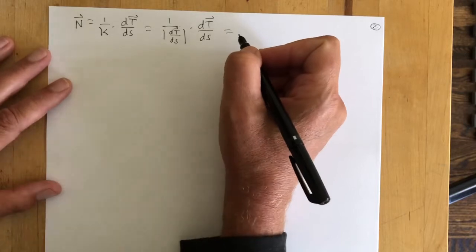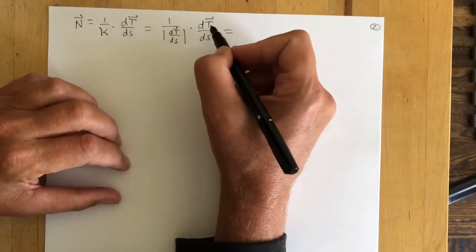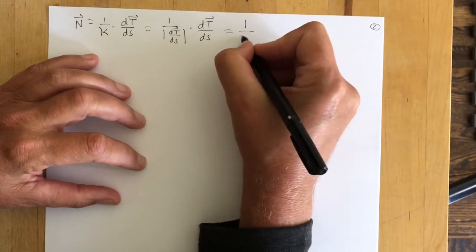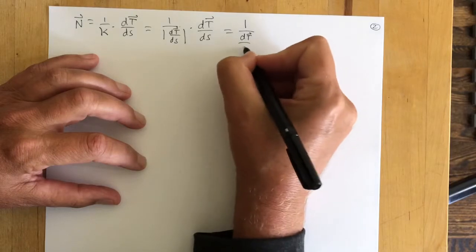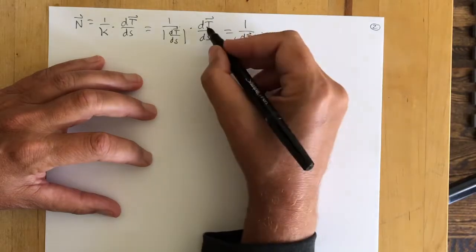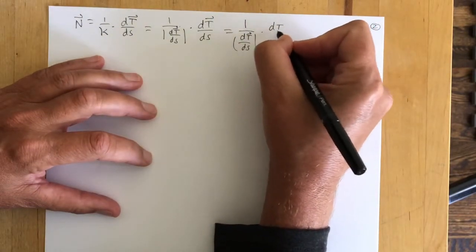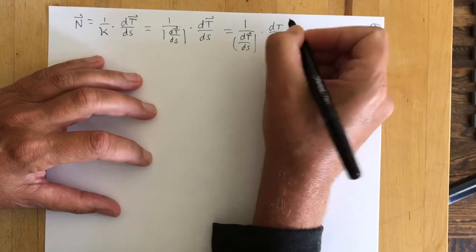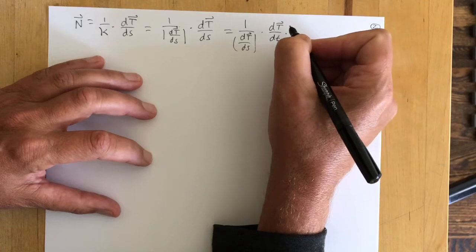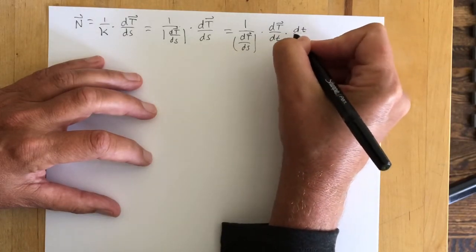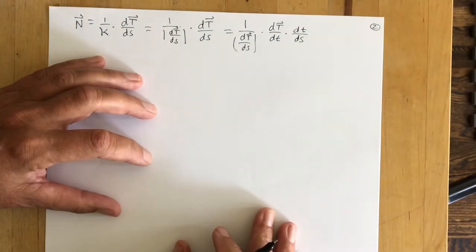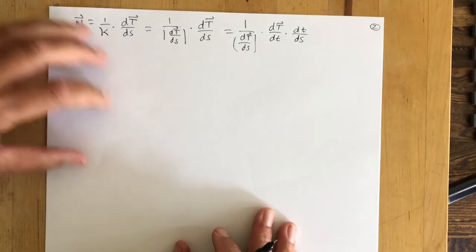And then for the fun part, we have to get the t back in there, so we're going to chain rule. So here I'm going to rewrite this 1 over the norm of dT/ds times the chain rule on this guy, which is dT/dt times dt/ds.